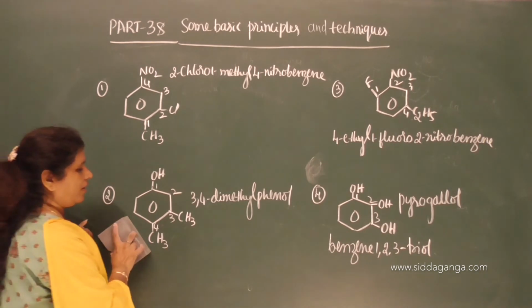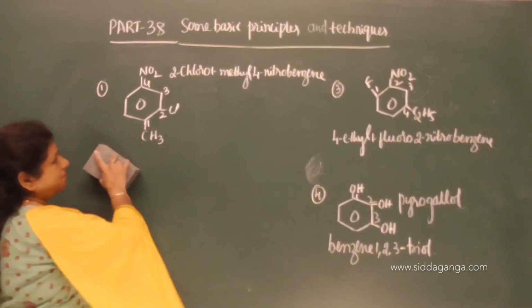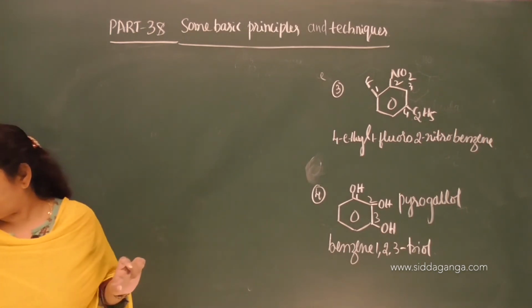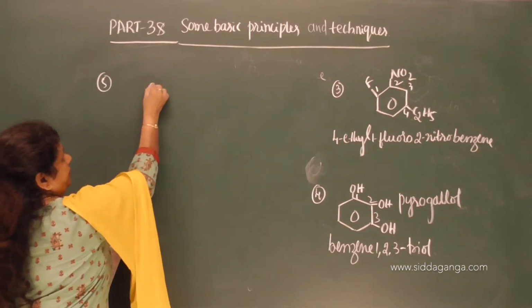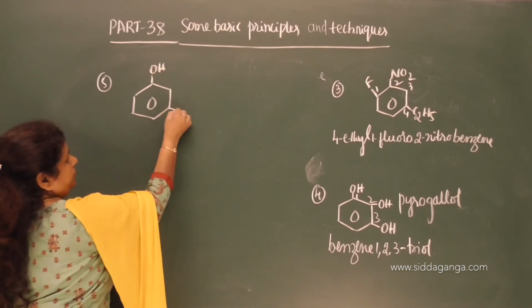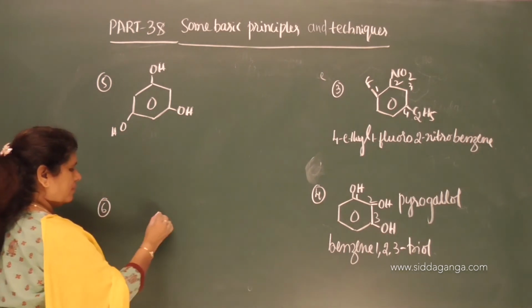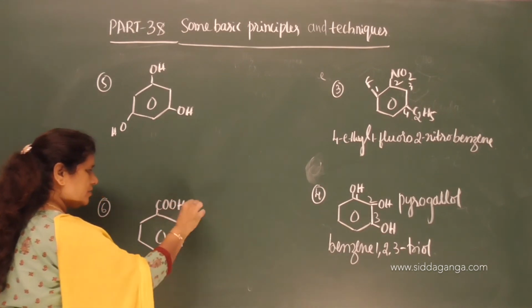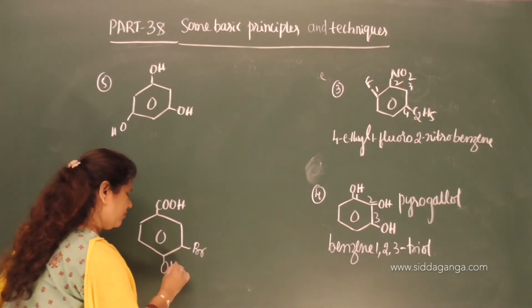In a similar compound, I want to give a fifth one, OH, and a sixth one, COOH, Br, OH.